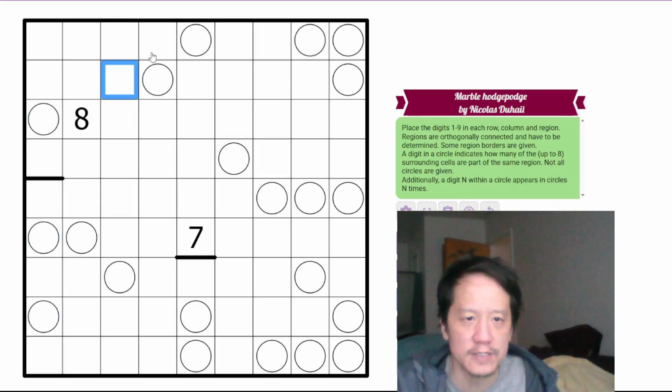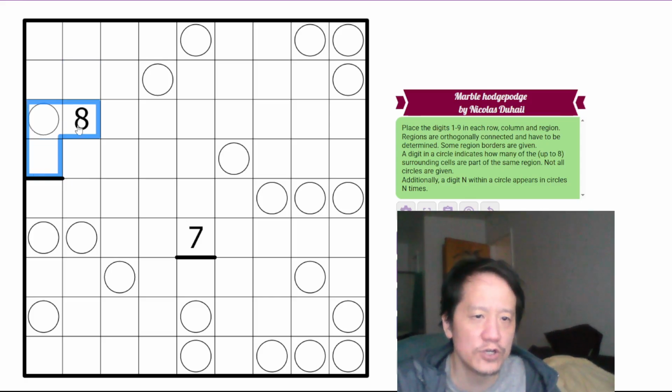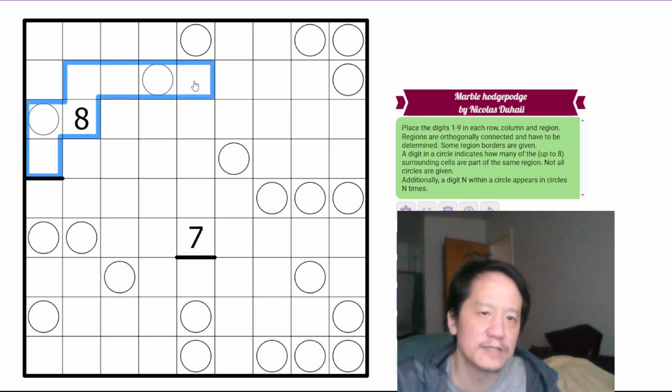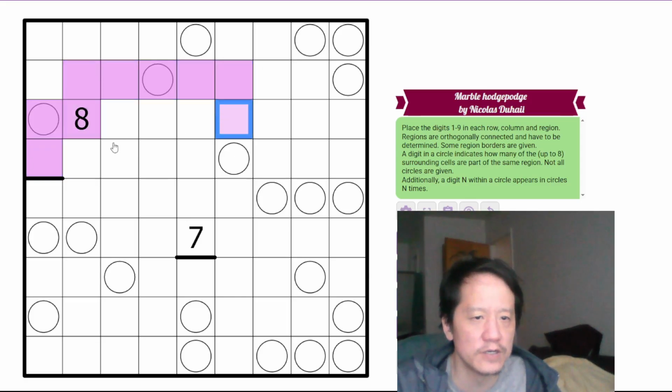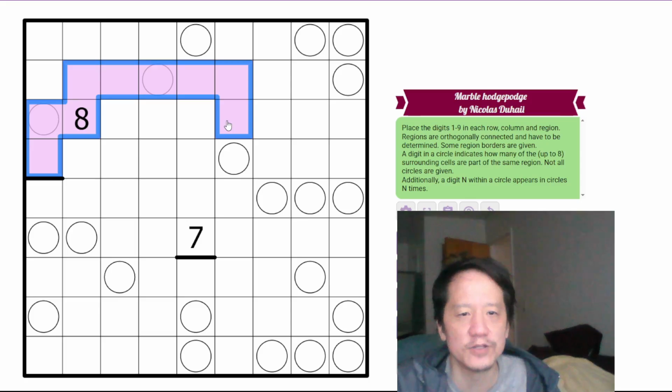What that means is that if you take any cell in a region, you can traverse to any other cell in that region just by crossing edges. You could cross corners, but specifically, we can get to any other cell in the region by just crossing edges. So as an example, this is valid because to get from here to here, you remain in the region by crossing edges, but you can do that this way, right?